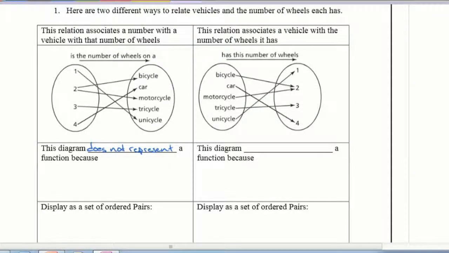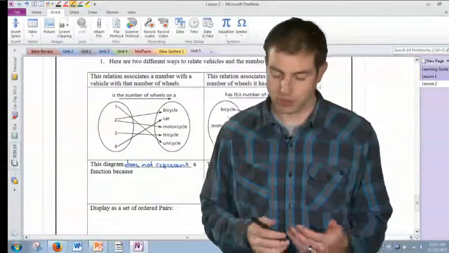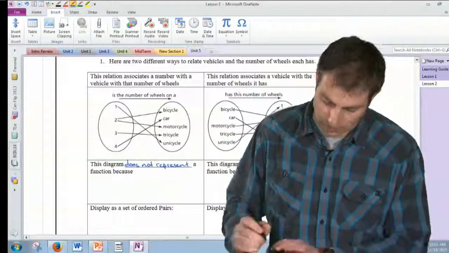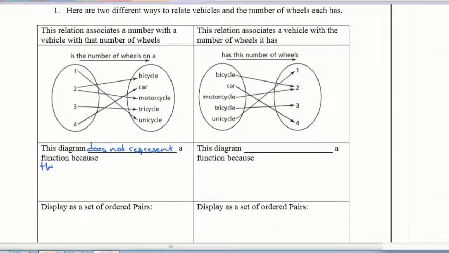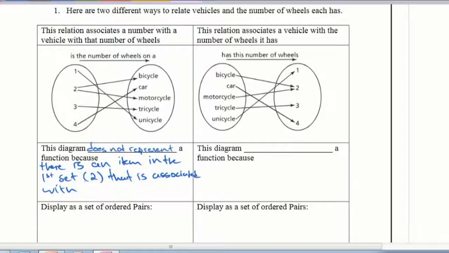So Alex is coming up with 2, and 2 ruined it all. This is very true. Let's not take it out on 2. It didn't know what it was doing. So if we go with a fancy definition, there is an item in the first set, in this case 2, that is associated with 2 elements in the second set.